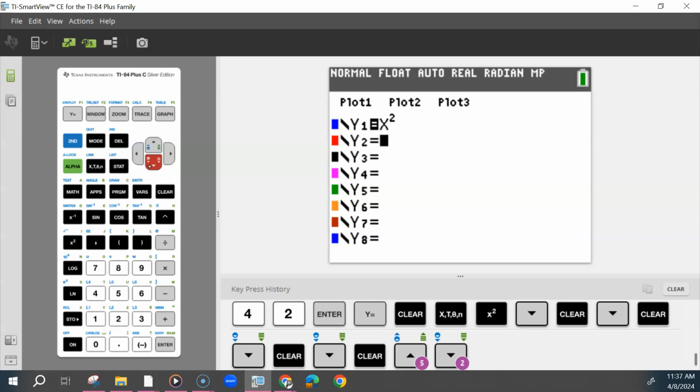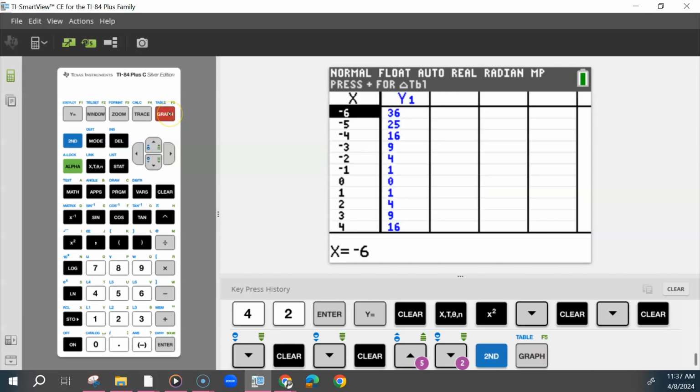Once you have x squared, go into the table, second graph. And you're going to find the vertex and points that you wrote down and just write down those y values.